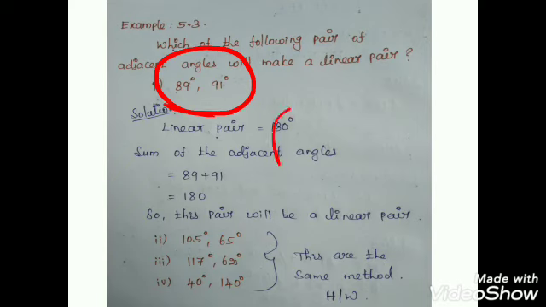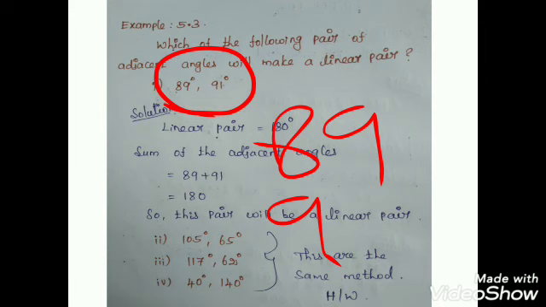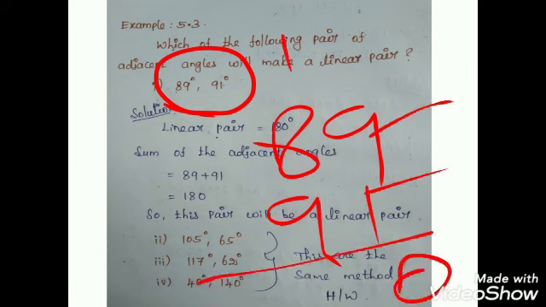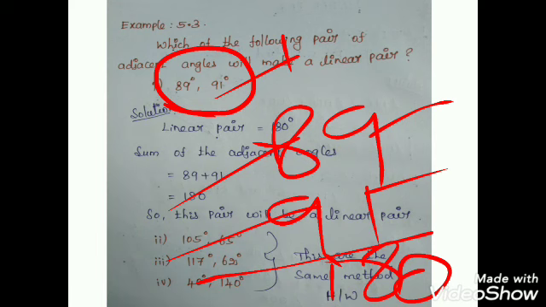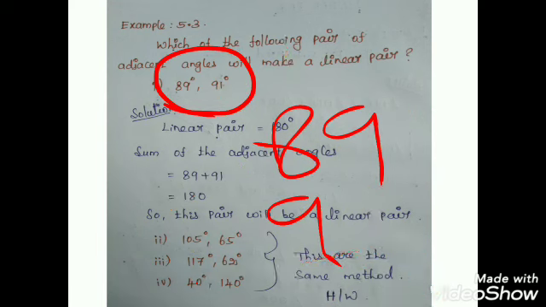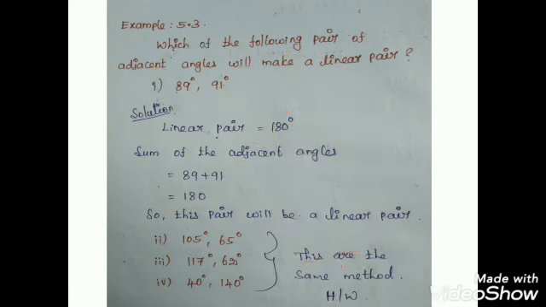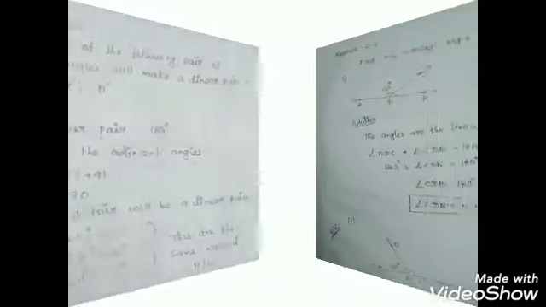So add them, 89 plus 91, 9 plus 1 is 10, 0, remaining 1. So 8 plus 9 is 17, 17 plus 1 is 18. So total is 180 degree. Linear pair is 180 degree. So this pair will be a linear pair. This is also the same method. Homework sums.